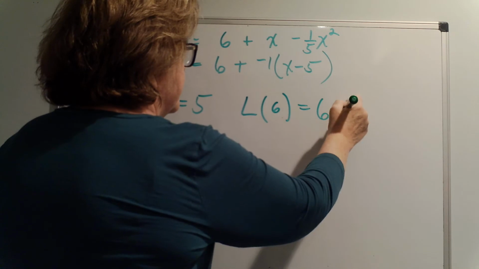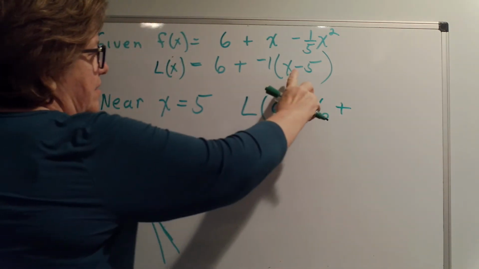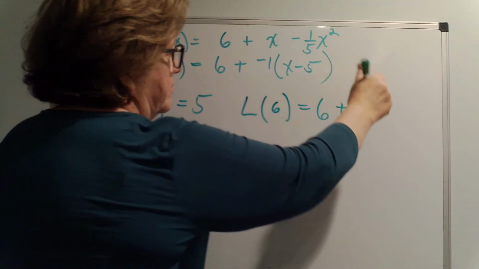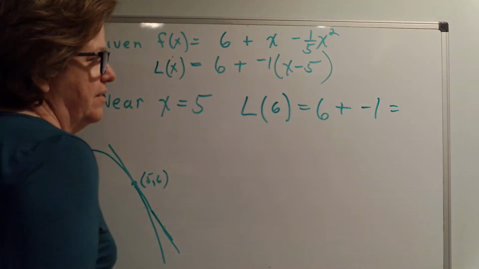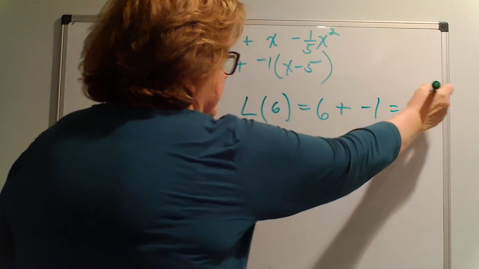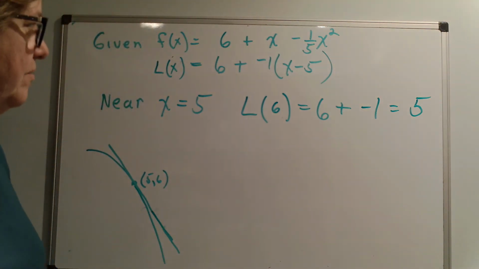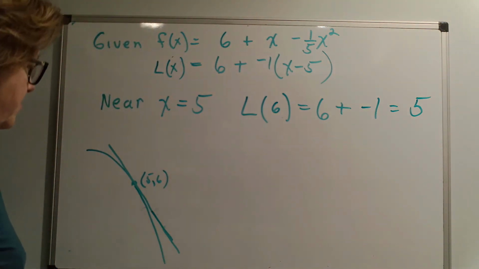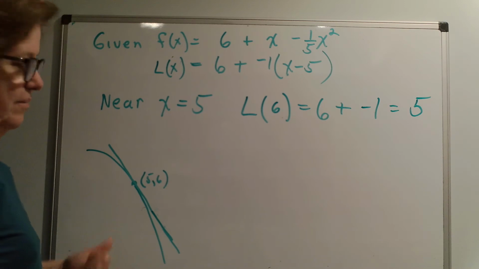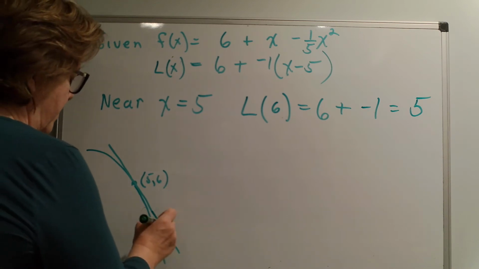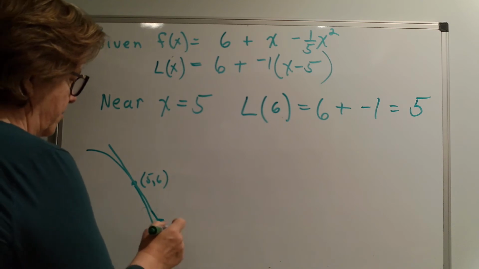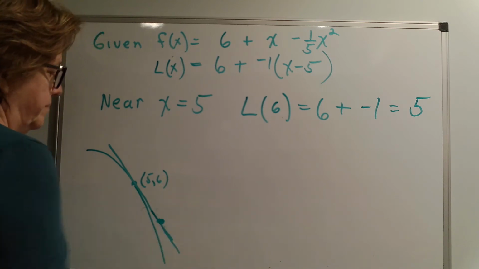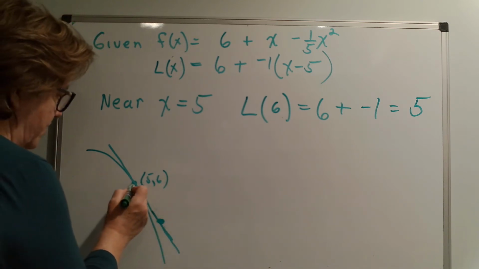And I'm going to get 6 plus, 6 minus 5 is 1, 6 plus negative 1 is 5. Okay. So let me draw this. We're saying that if we go over here, let's say, I'm going to draw a little triangle.